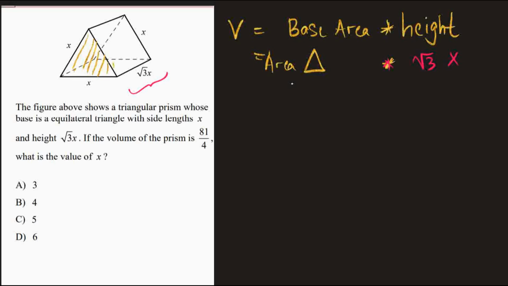Now for the area of the triangle, again we have to use the area of a triangle formula. This is an equilateral triangle, so we have x, x, x, and because it's equilateral, the angle between the sides x will be 60 degrees.